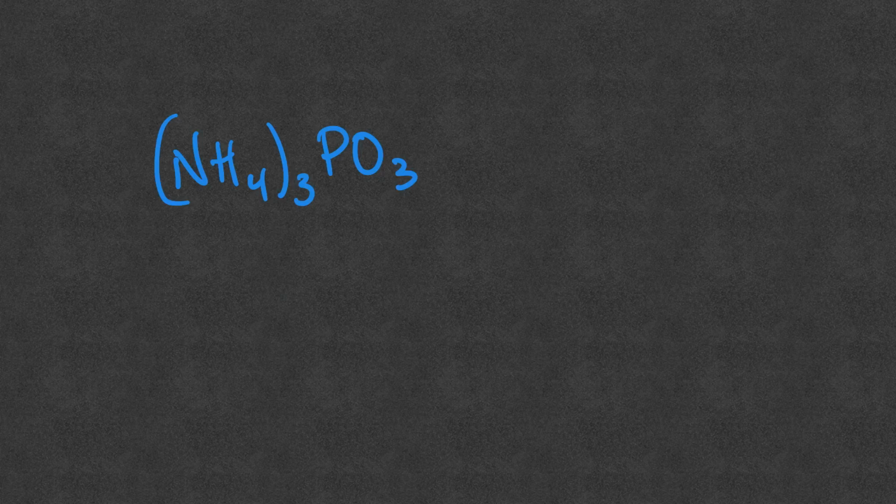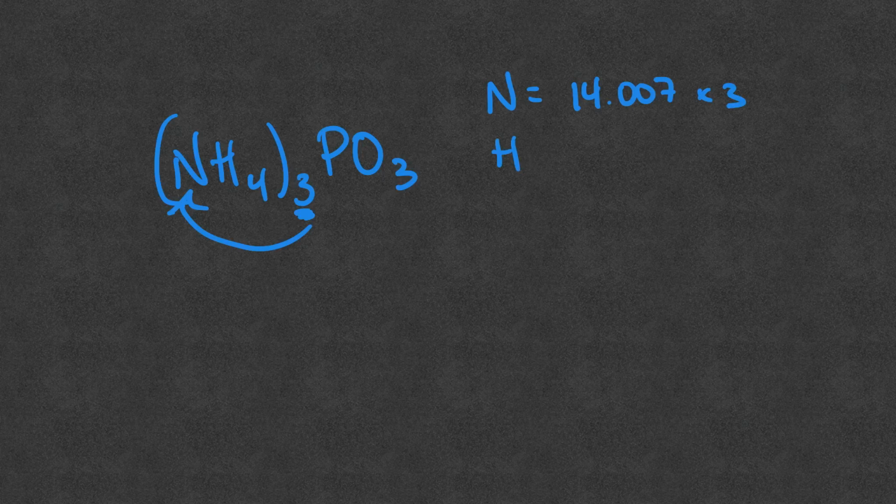The way you will do this is you just write it up. You have nitrogen. We know that nitrogen has a molar mass of 14.007, and there are 3 of them, because you have to distribute the 3 inside. Hydrogen has a molar mass of 1.008, and if you distribute the 3 inside, 4 times 3 gives you 12.